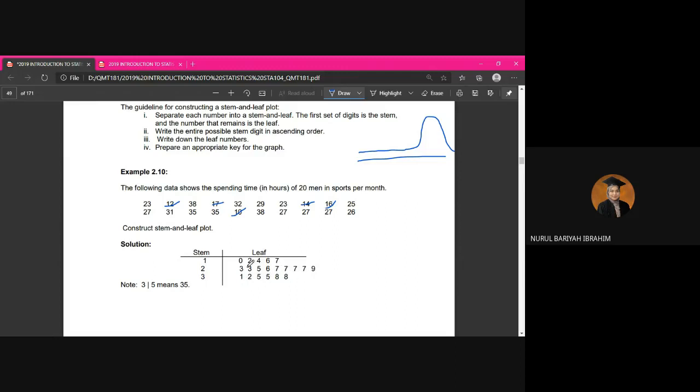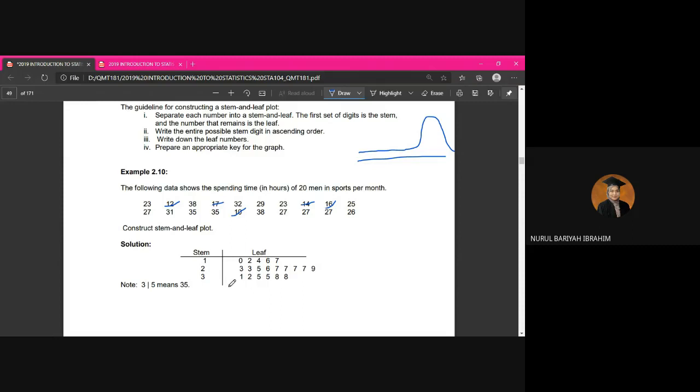And then last but not least, note ni very important juga. Note means that 3/5 means 35. So kalau kita tak ada data ni, we just have this stem and leaf plot. Daripada sini kita boleh tahu numbernya adalah ada 2 digit. Okay, maksudnya 1 sini, 0 sini means that 10.